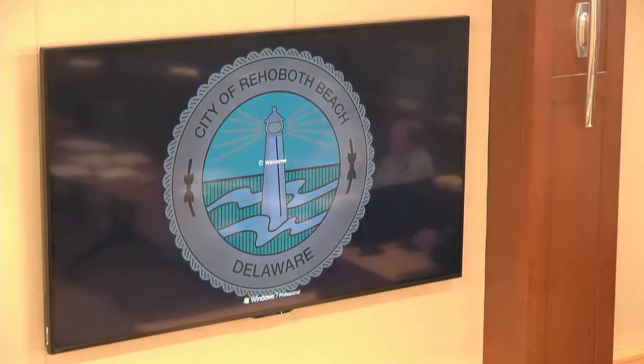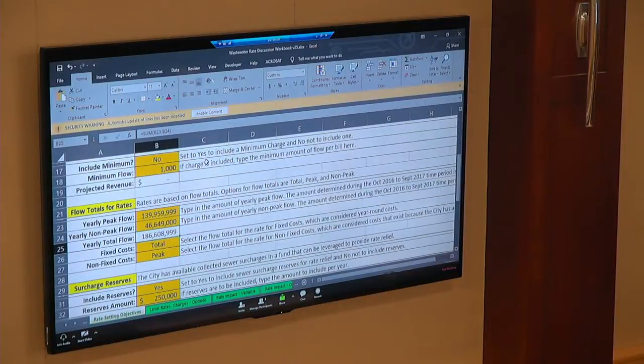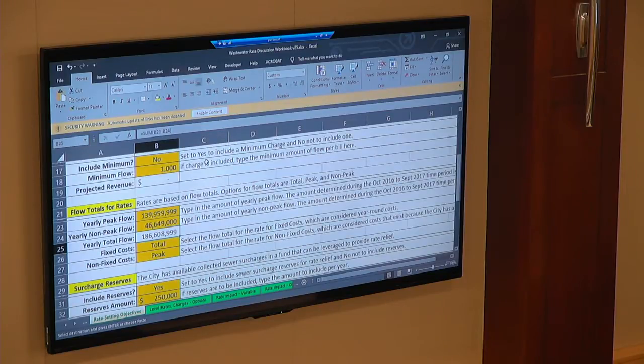Has the profitability, if you will, from water and wastewater, from the billings, previously been allocated to other functions specifically? Or is it just treated as a totality against the total budget in terms of a profit?